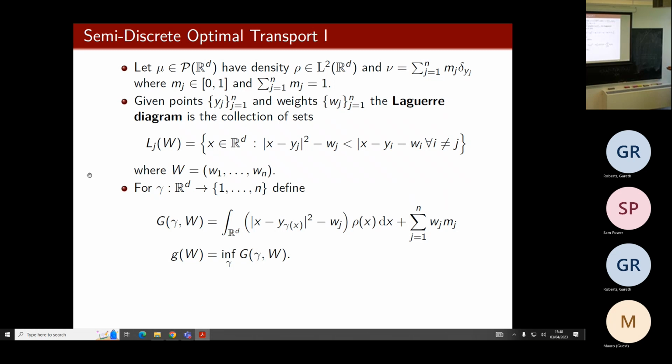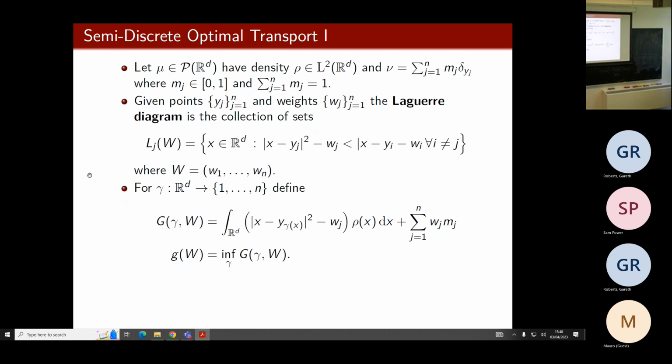This is going to be the integral over Rd of |x minus y|, where if I look at what cell I'm in, I take the difference between x and the center of that cell, with the caveat that it's not necessarily in the cell, minus wj, and I integrate this with respect to rho. I also add on the sum of the weights multiplied by these masses mj, which came from this nu. And I define my little g as being the smallest value this capital G takes over gamma.